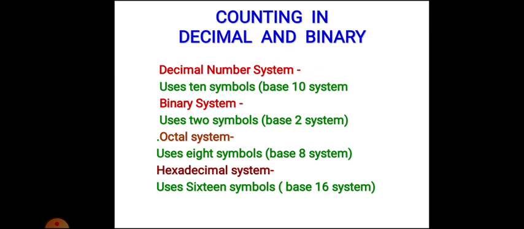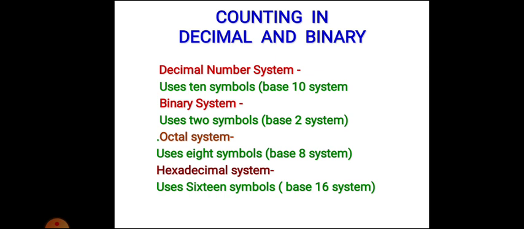Next, binary number system. The number system which uses 0 and 1 as digits, that means it uses only 2 symbols, 0 and 1, with base also called radix of 2. It is called binary number system.